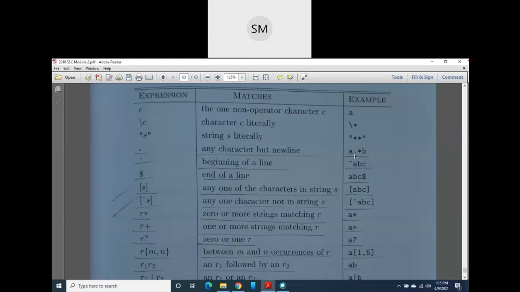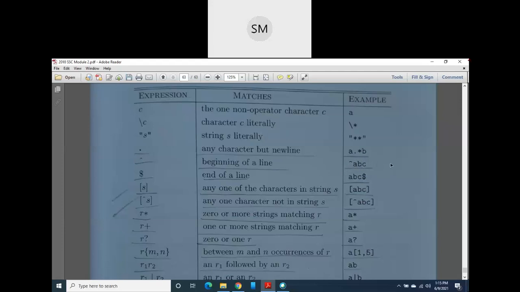Okay, then the cap symbol, that is the caret symbol, will always indicate the beginning of a line. Wherever you see this caret symbol, you should understand that it is telling me this is the beginning of the line. Here one example is cap ABC. If you observe, the cap is there, indicating that this is the beginning of my string, the beginning of my line.